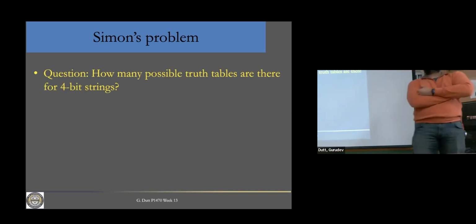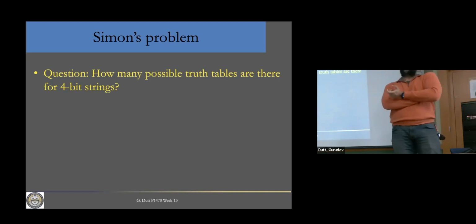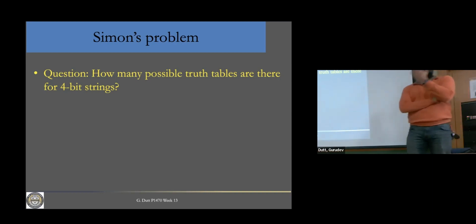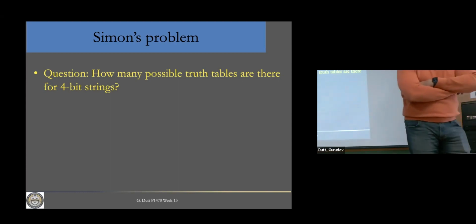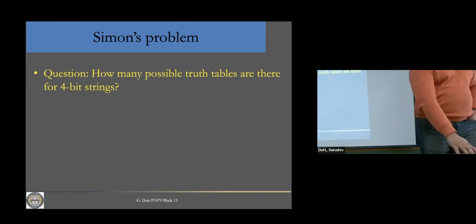Remember, that was the guarantee. So the next pair only has 15 choices, and so on. So we get 16 times 15 times up to 8, basically. So that's the answer. I don't know what that number is, but you can calculate that, or 16 factorial divided by 8 factorial, if you like. It's the same type of counting that you have seen many times in probability courses. So that's the number of truth tables.